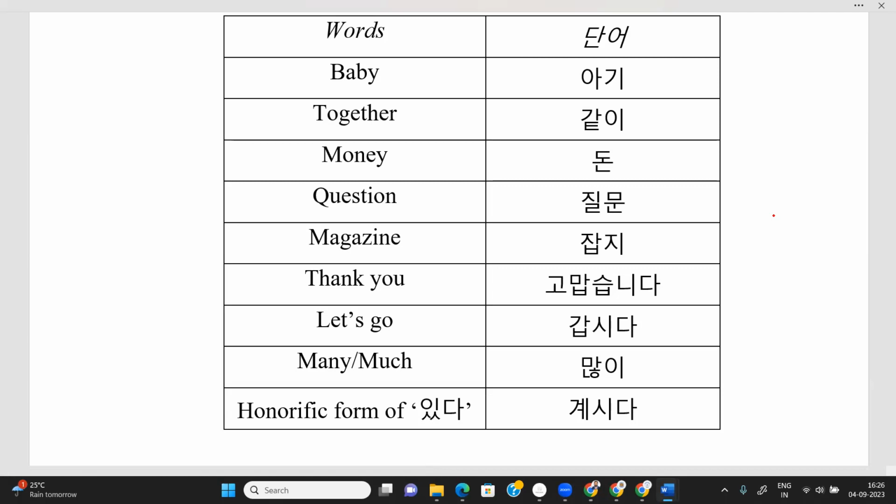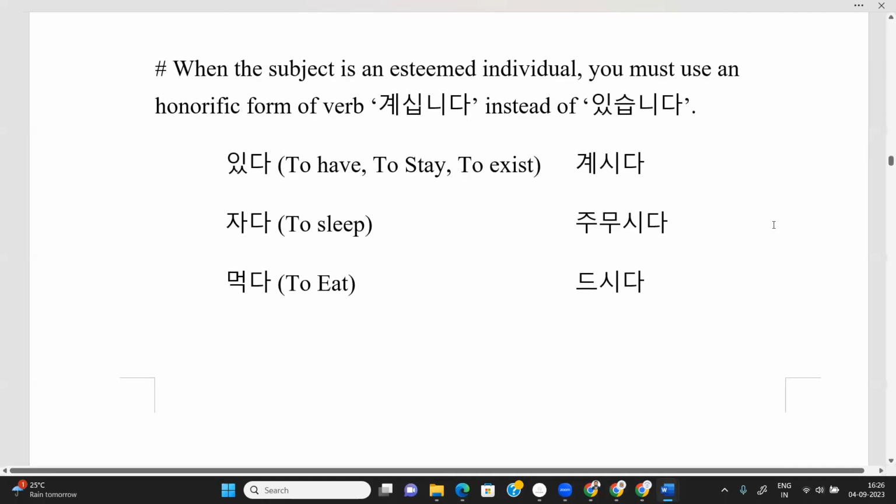Honorific form of 있다, 계시다. When the subject is an esteemed individual, you must use an honorific form of the verb, 계십니다, instead of 있습니다. 있다, 계시다, 자다, 주무시다, 먹다, 드시다.